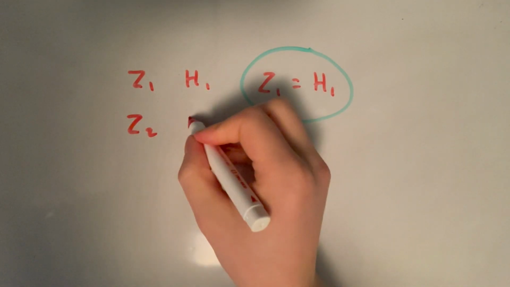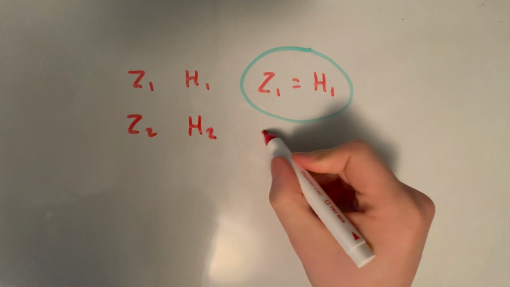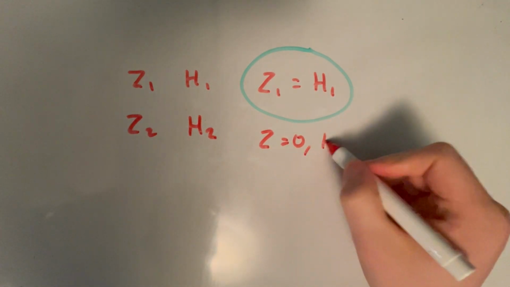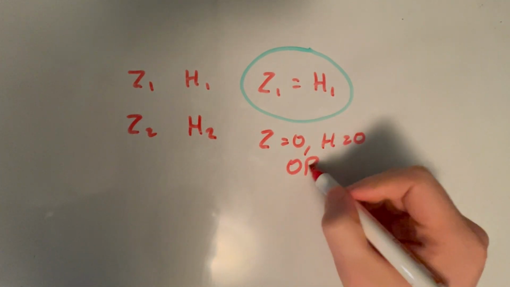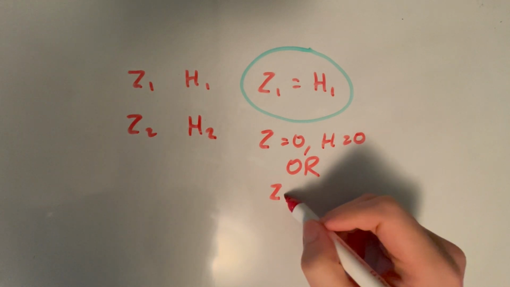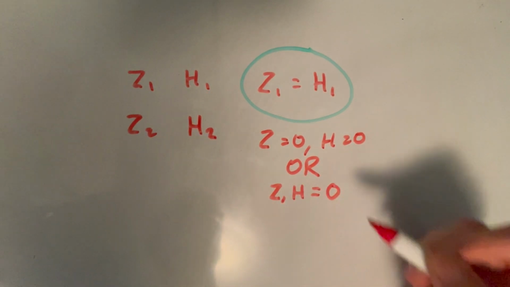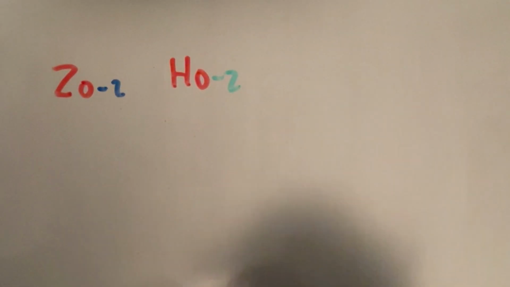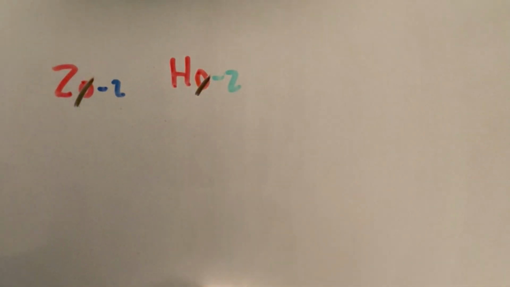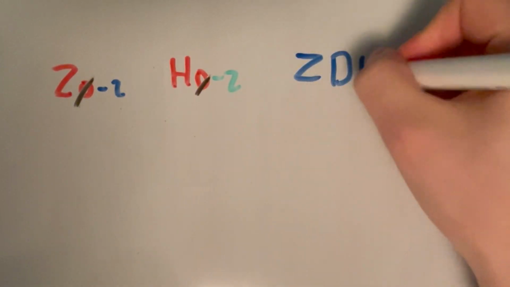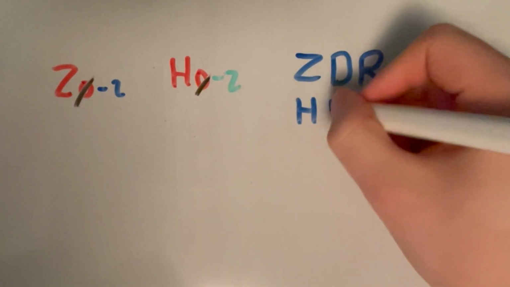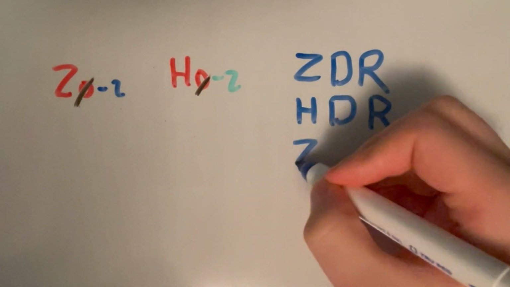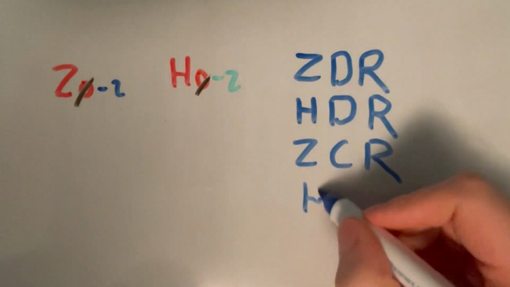We can also mark the final states as Z2 and H2. The final states occur when Z equals 0, H equals 0, or both Z and H are 0. Now we need to determine how Z0 becomes Z2 and how H0 becomes H2. For this, we'll use broad categories like the zombie death rate, human death rate, zombie creation rate, human birth rate.